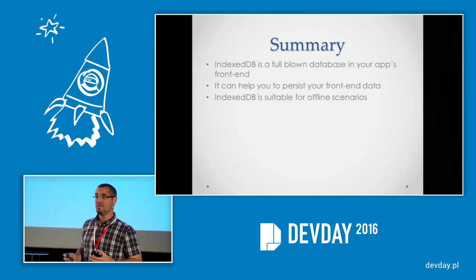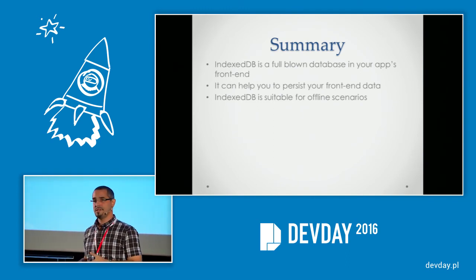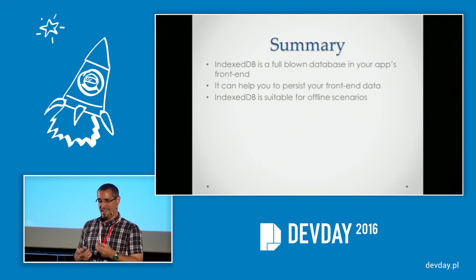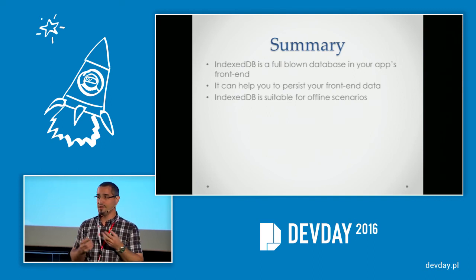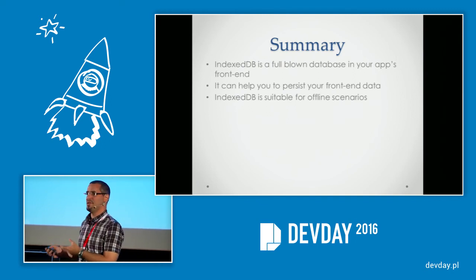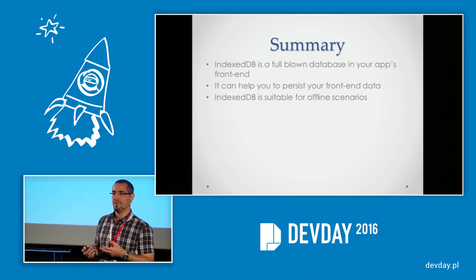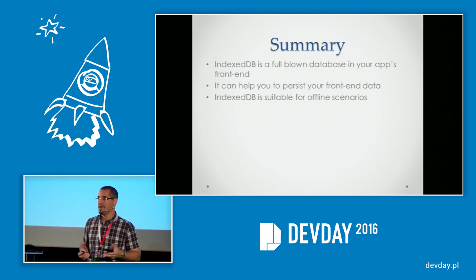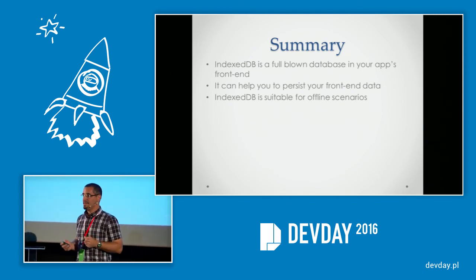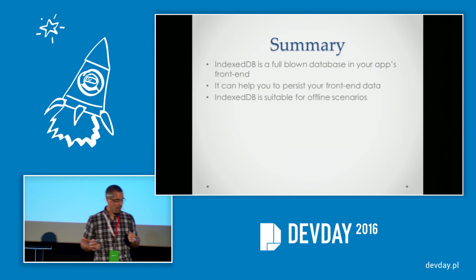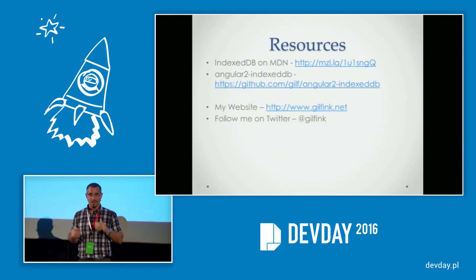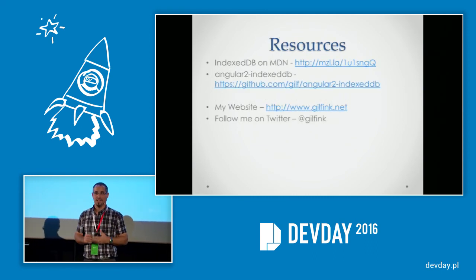But I encourage you to go and start using IndexedDB in your applications, because you have a database that probably most of you don't use today, and you can use it instead of using local storage. Use IndexedDB with libraries, hopefully with PouchDB or any other library that you can find. And I, again, encourage you not to be afraid of databases on the client side.